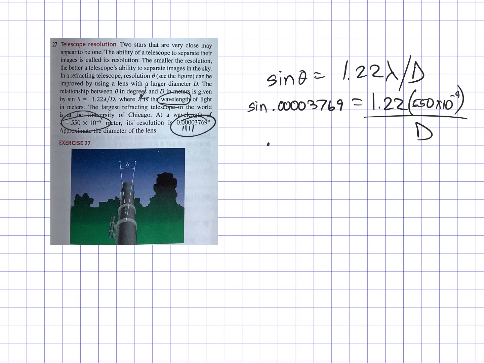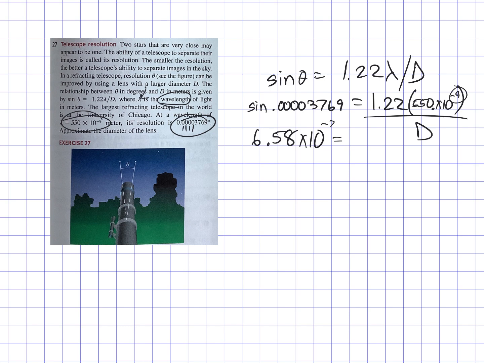So 1, 2, 3, 4, 5, 6 zeros. So 6.58 times 10 to the negative 7. Let me make sure that's right. 1, 2, 3, 4, 5, 6, 7. Yep. Equals, let's see here. Negative 9 means the decimal gets moved to the left. I'll just do 550 times 10 to the negative 9.